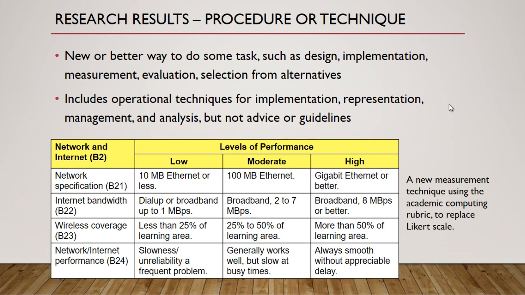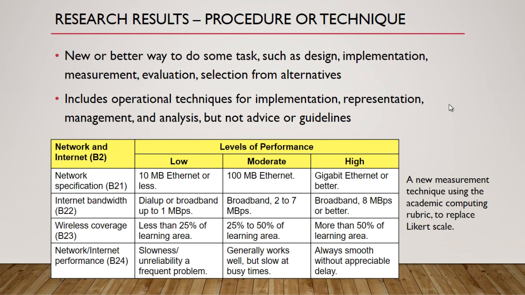In the traditional way of measurement, you do a survey, a Likert scale, which we will cover later on. You give a scale of 1, 2, 3, 4, 5, where 1 is strongly disagree and 5 is strongly agree. They will ask, what about the network specification in this particular university? Is it 1, 2, 3, 4 or 5? That is the traditional way of doing things.